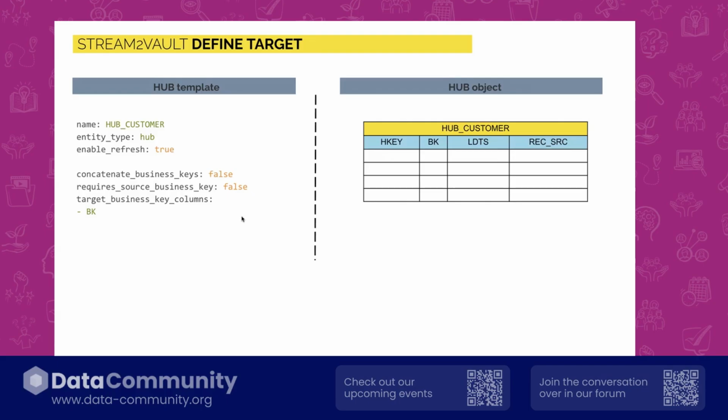I expect only one source column to be mapped, so I don't need to concatenate. Also, all my identifiers are unique across sources, so I don't need to do any source business key plugging to my keys. And very simply, I define that my business key is going to be named by SBK.